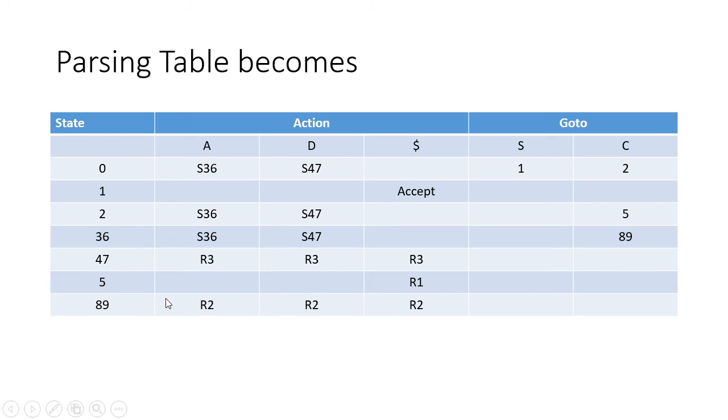Before, the parsing table has 10 states, but now it has 7 states. 3 states have been reduced. This is how the LALR parser works. So this completes unit 2, the parsing algorithms which are used for syntax analysis.